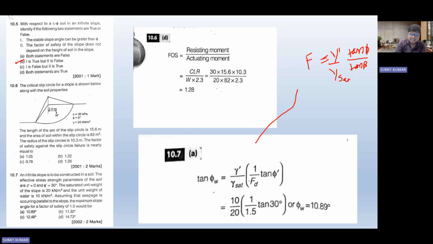When you calculate it, this comes out to be 10.89. So this is going to be your answer, that is going to be option A. Option A will be the answer over here, option D is the answer, and over here option B is the answer.